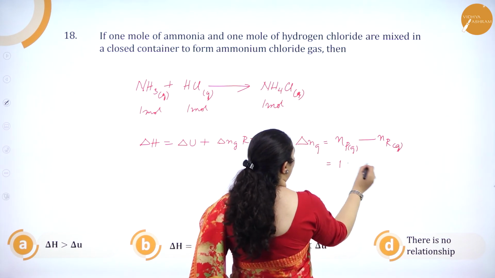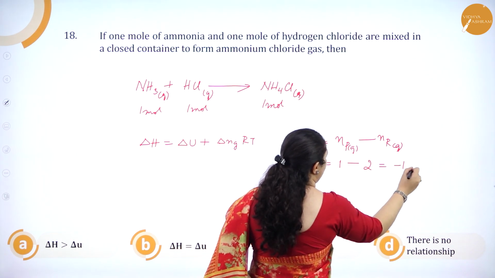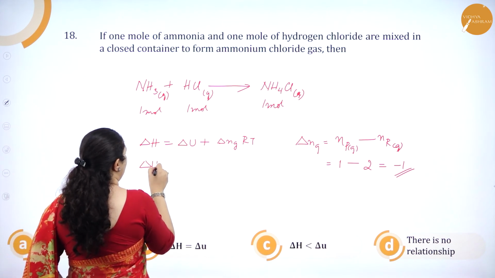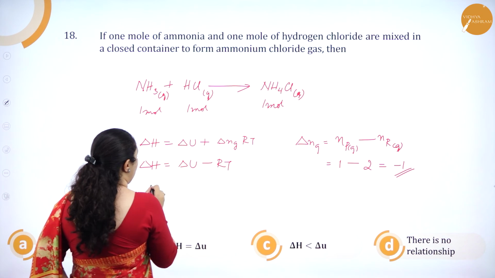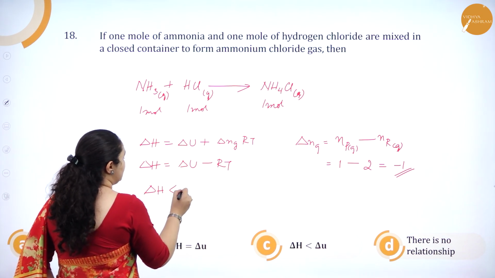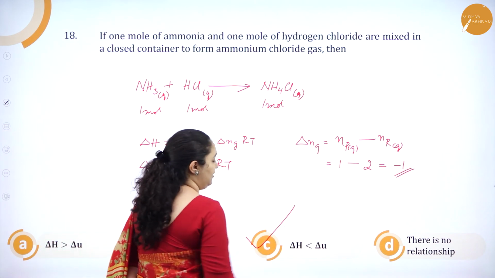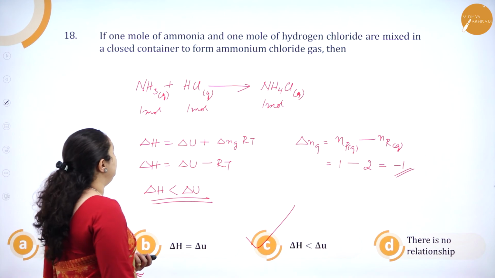Product I have 1 mole minus reactant I have 1 plus 1, 2 moles. So the answer is minus 1. Correct? So if I put that over here, delta H is equal to delta U minus RT. So delta H is less than delta U. So option C is the right answer. We'll go to the next question.